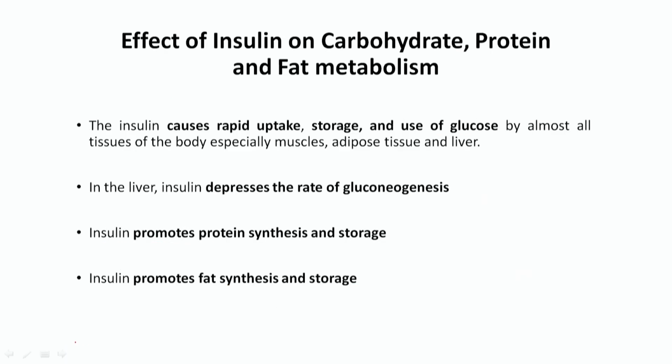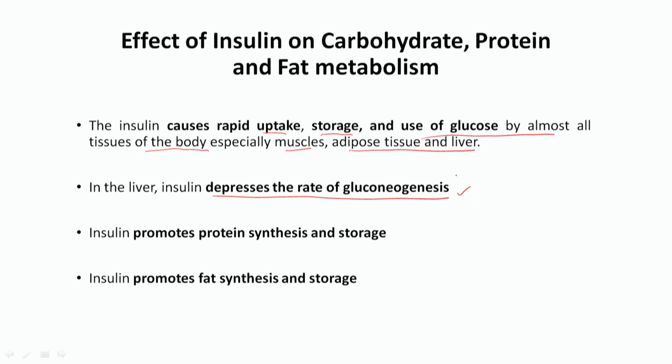So what is the effect of insulin on carbohydrate, protein and fat metabolism? Insulin causes the rapid uptake, storage and use of glucose by almost all tissues of the body, especially the muscle, adipose tissue and the liver. In the liver, insulin decreases the rate of gluconeogenesis.